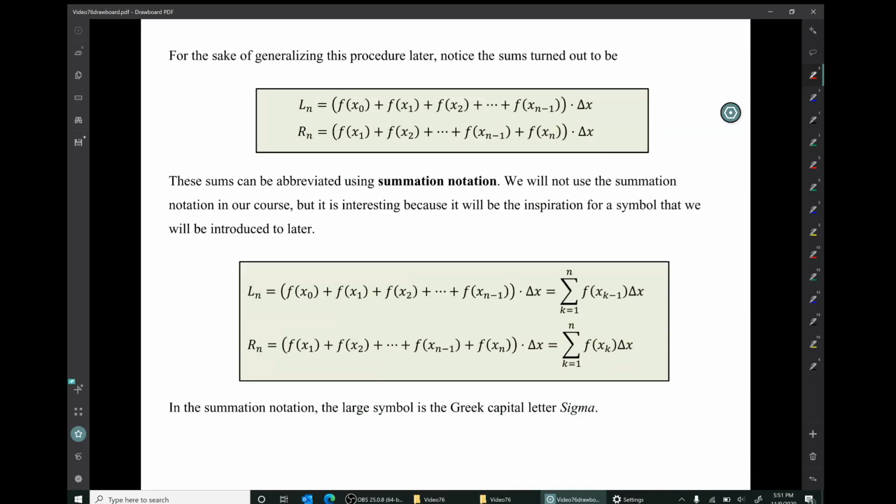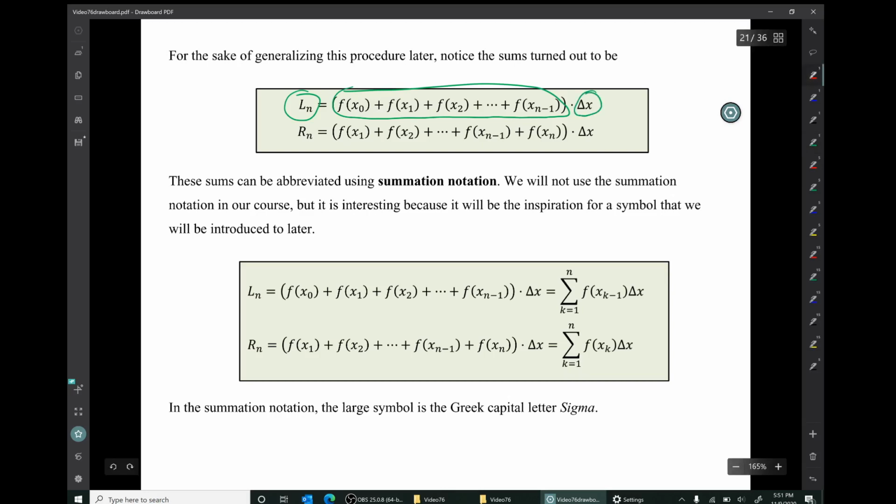For the sake of generalizing this procedure later, notice that the sums turned out to be this form. L subscript n was this sum, the sum of all those y values for that particular batch of x values times delta x.